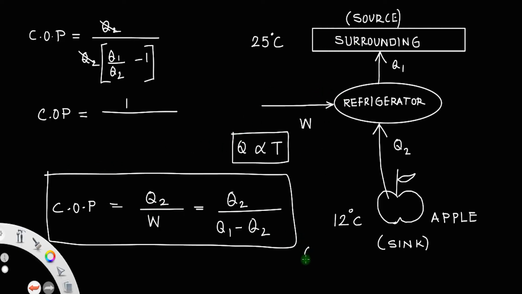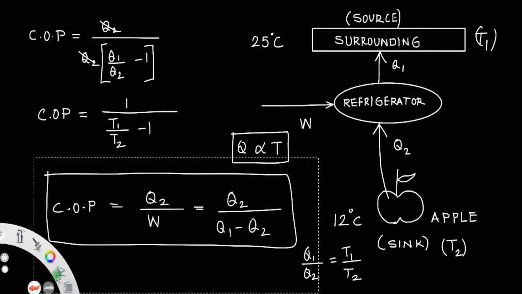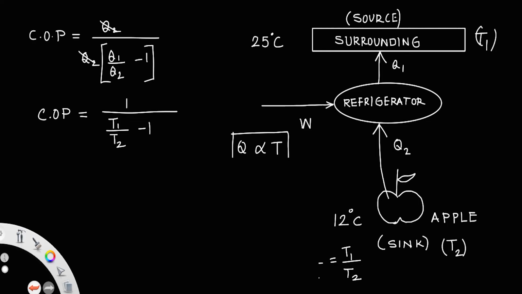So you can write Q1 by Q2 as T1 by T2, where T1 is the temperature of the surroundings, the source, and T2 is the temperature of the sink. Substituting, COP is equal to 1 divided by T1 by T2 minus 1, which is 1 by T1 minus T2 whole divided by T2.